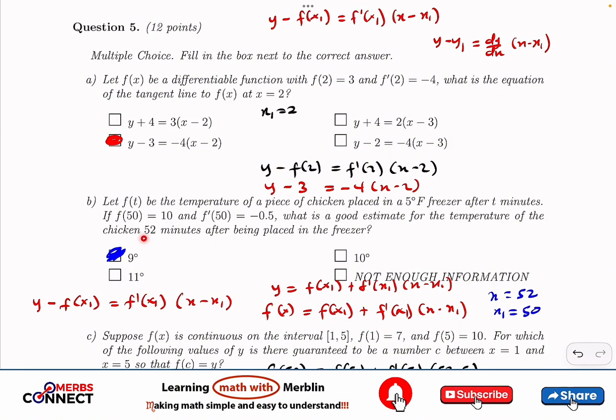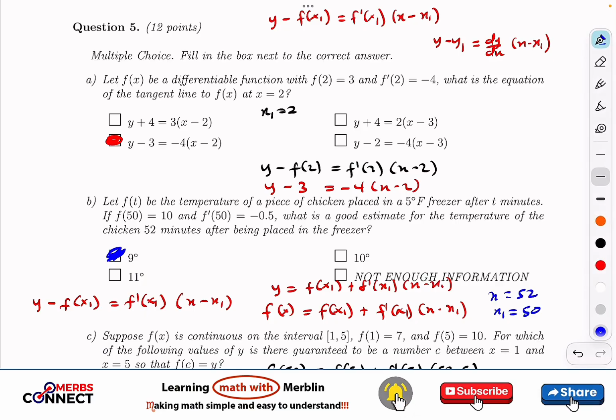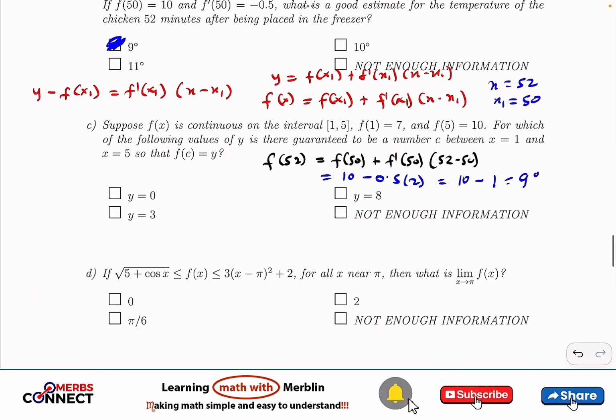Then since I'm doing approximation, my x is equal to 52, and my x1 is equal to 50, which was here, and then I just do it straight. Now, if you don't want to trouble yourself and just know whatever you want to do, then you just write it. But I just wanted to let you know how the process came about. So you can also learn this formula here, approximation, f of x instead of y, then you go through the process. All right, let's look at C.